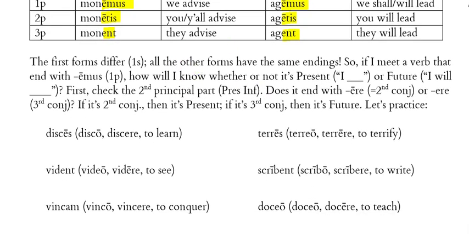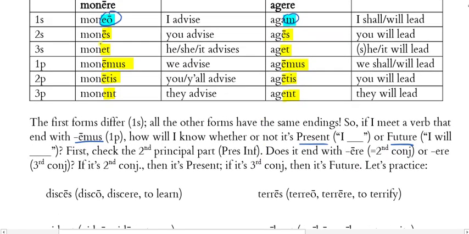If I meet a verb that ends with -emus, a first person plural form, we, how will I know whether it's the present, I blank, or I am blanking, or whether it's the future, I will blank? How do I know? Because if I see -emus, it could be something like we advise, or it could be we will lead. So how do I tell?